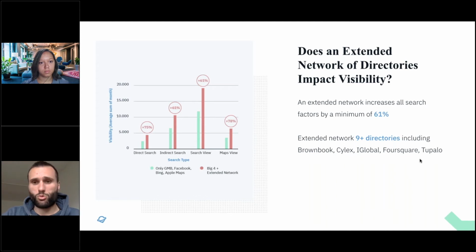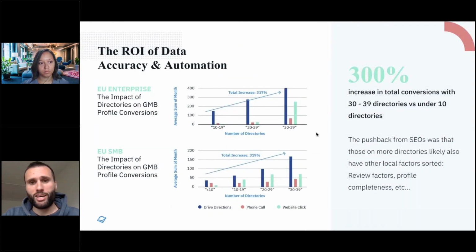And as we move on to the next point here about how many directories is important, you can actually see this extended network argument flowing over into, yeah, if you're having, say, 30 to 39 directories that your business is listed on, then you're more likely to increase conversions.